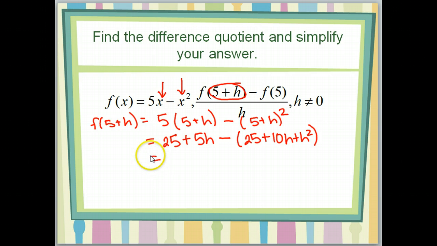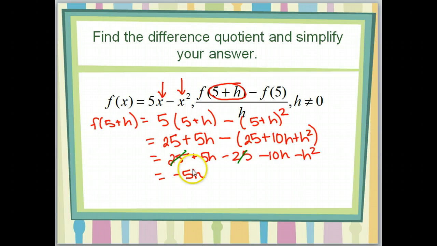Now distribute the negative. 25 plus 5h minus 25 minus 10h minus h squared. Combine like terms. 25 minus 25 is 0. 5h minus 10h is negative 5h minus h squared. So that's our f of 5 plus h. We're going to hang on to that.